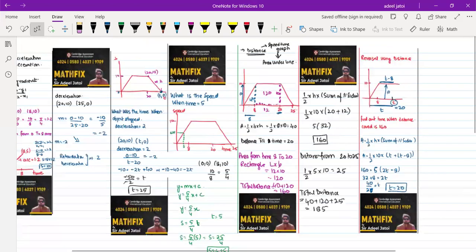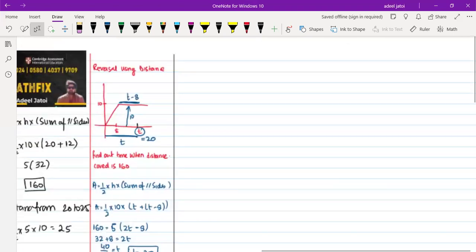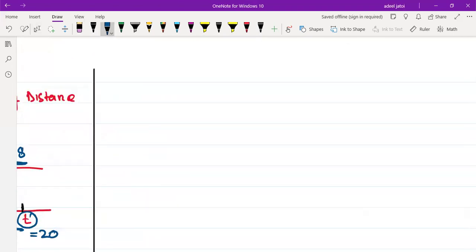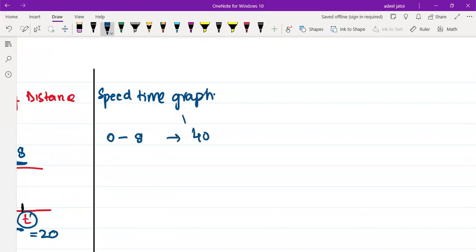Now, what we know is, let's just write down this thing. What we know was, using the speed time graph, from 0 to 8 minutes, the distance covered was what? 40. From 0 to 8, your distance was what? 40.